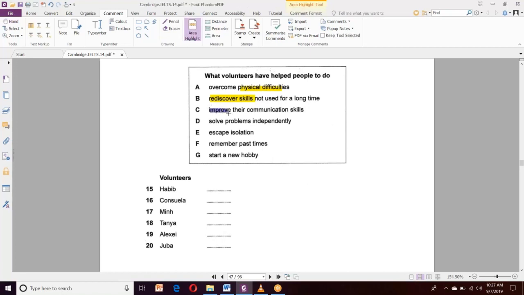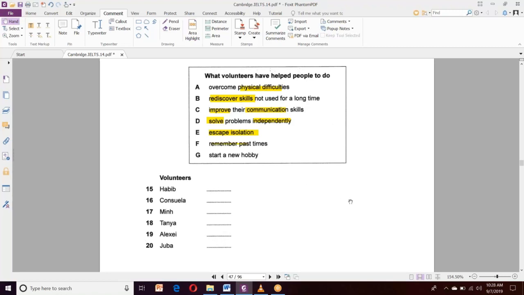This one is going to be connected to improving communication. All right. This one is going to be talking about solving something independently. All right. And then we have escaping isolation. We have remembering the past. And also starting a hobby.